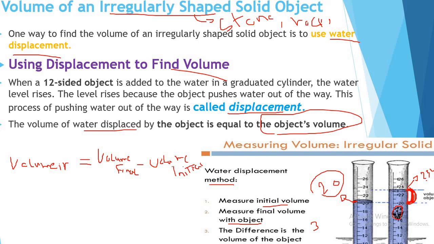The volume of water displaced by the object is equal to the object's volume. So here, volume final 23 minus volume initial 20, so the volume of the object is 3.